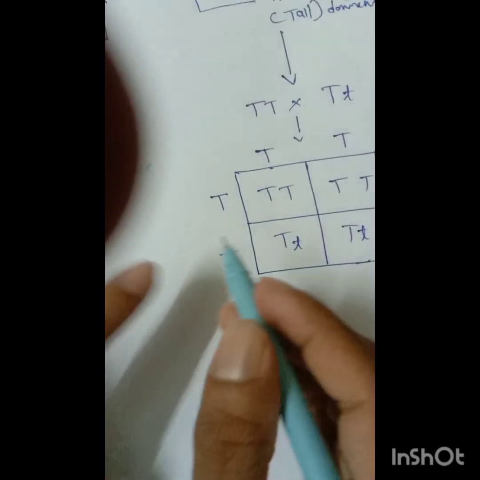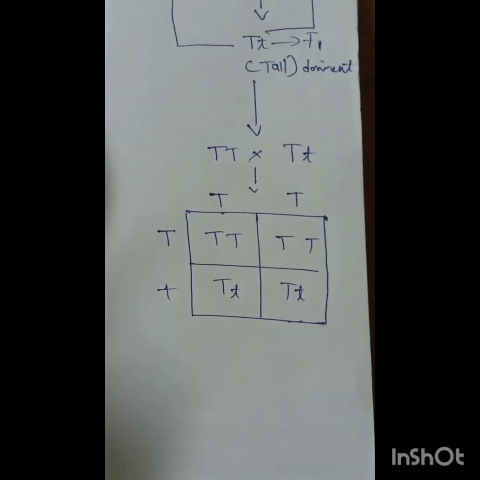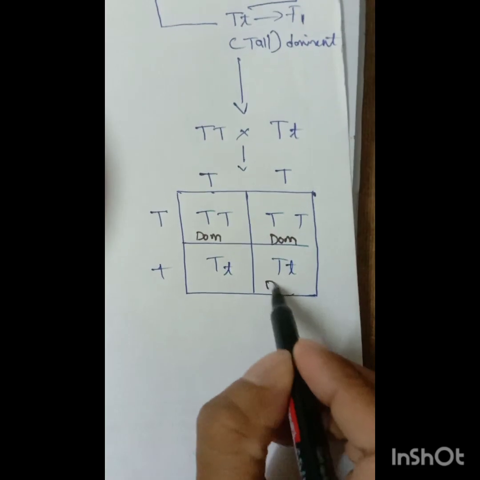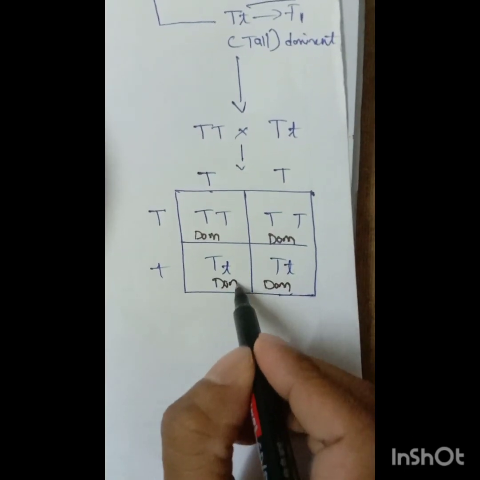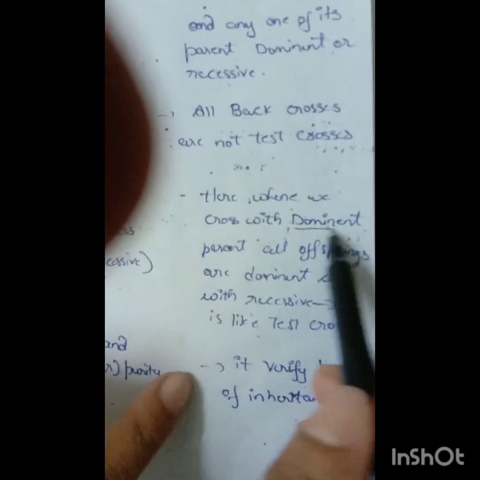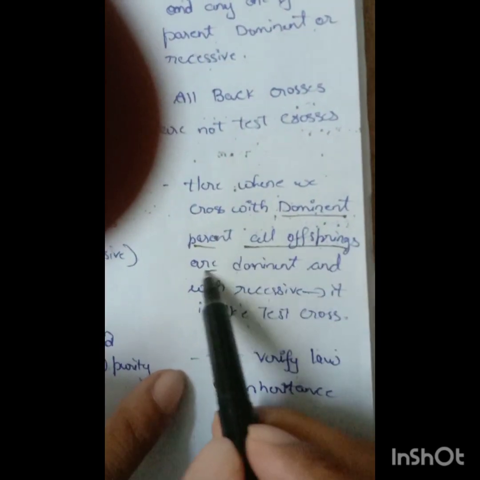So here all are dominant. As I already mentioned, when we cross with the dominant parent, all offspring are dominant.